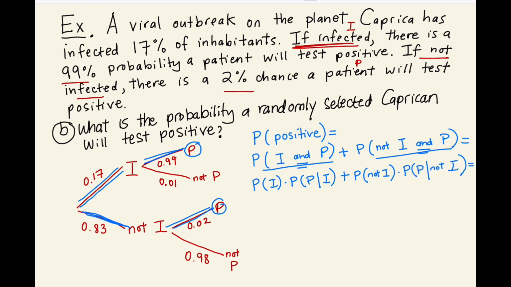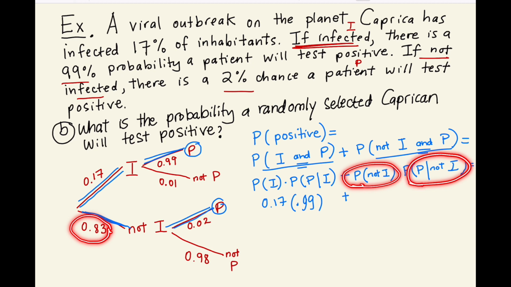Okay, and so I'm just going to calculate these probabilities using the tree. So this probability here is just 0.17, and this probability here is just my conditional probability. And then this probability here, the probability of not being infected, is right here. And the probability of testing positive when you're not infected is right here.